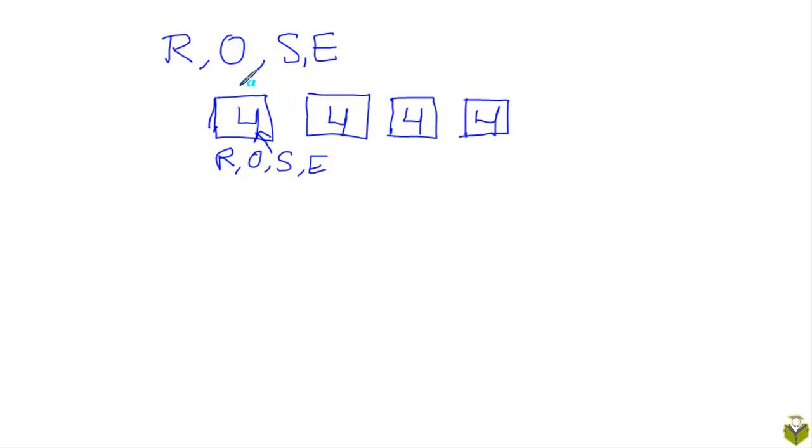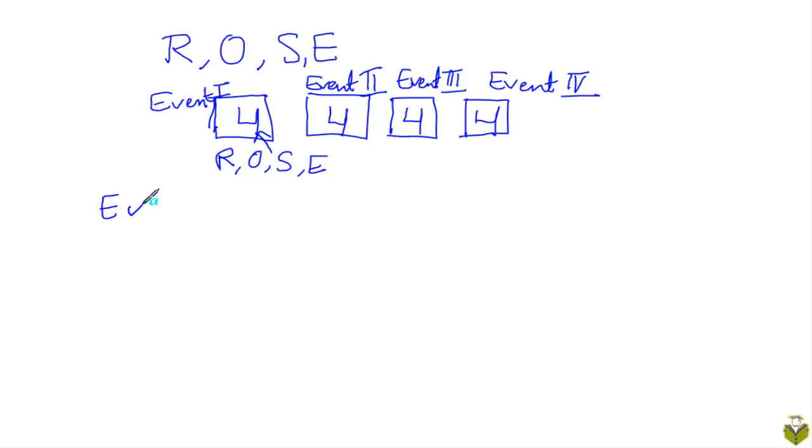In the fundamental principle of counting, I had explained to you that the events, if we call the event, say, I will call it event 1, event 2, event 3, and event 4. So each of these boxes, filling these boxes, is one event. So now we have to find event 1, 2, 3, and 4 together.